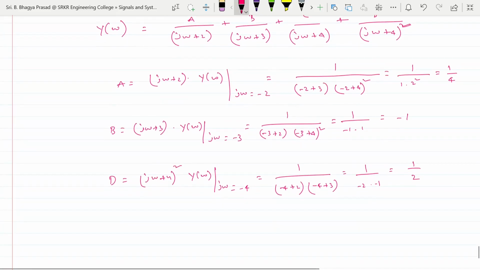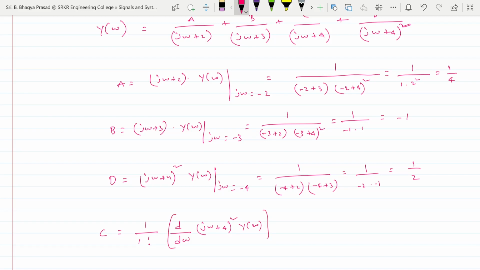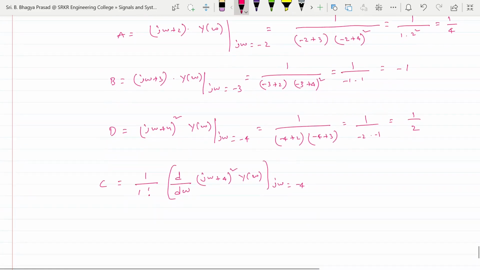So to perform c, we go for the formula 1 by 1 factorial, d by d omega of (j omega plus 4) square y of omega, and you substitute j omega equal to minus 4 after applying the differentiation for the above expression.